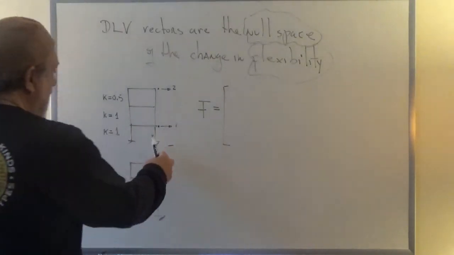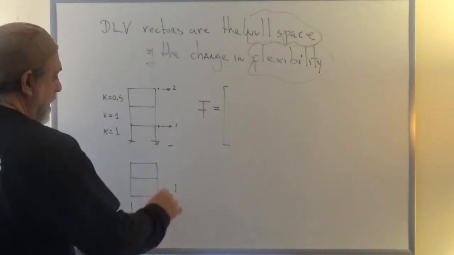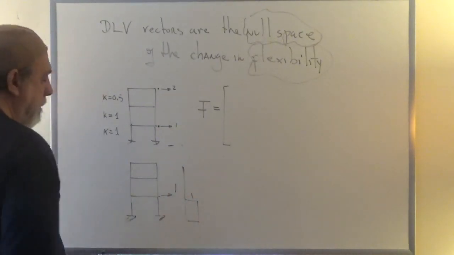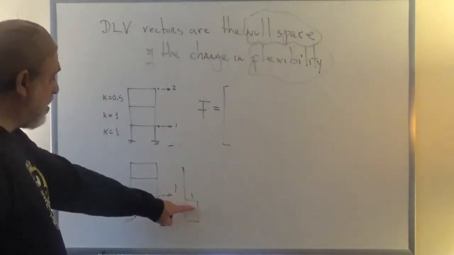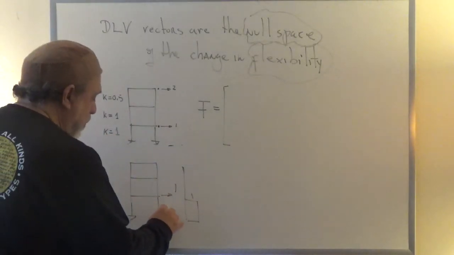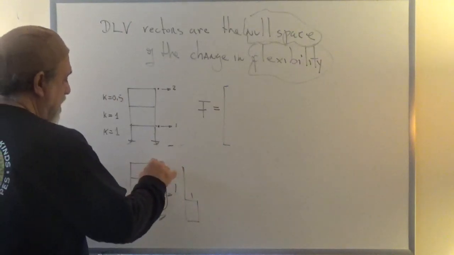If I apply a unit load at coordinate 1, the shear pattern is like this, 0, 0, and then 1 here, right? So the shear divided by the stiffness is the deformation, so that means that the first floor deforms 1, and the other floors stay like this, right?